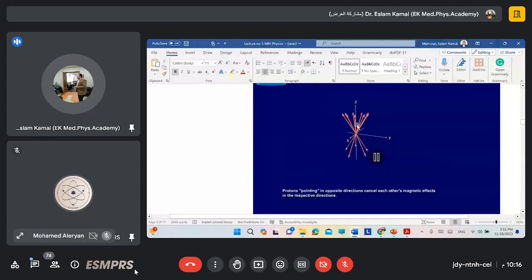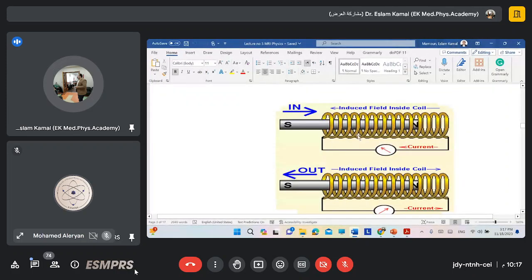So now we are adding value for the external magnetic field, which comes from the number of protons which are aligned with the external magnetic field. As you know from high school physics, if you have a coil and you bring a small magnet inside this coil, this will induce a certain current inside the coil.